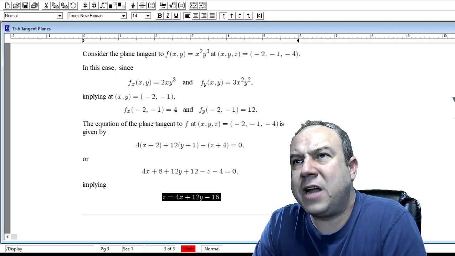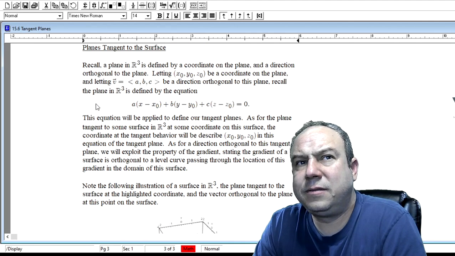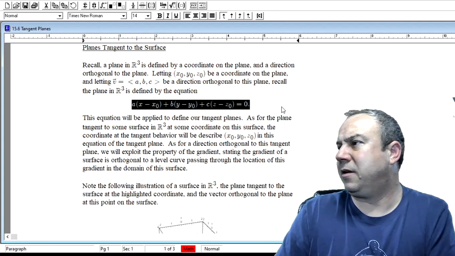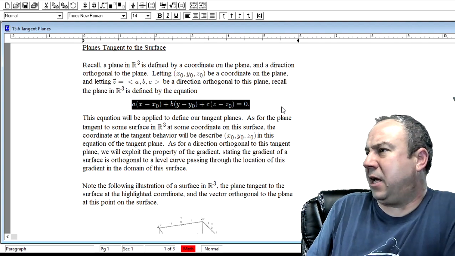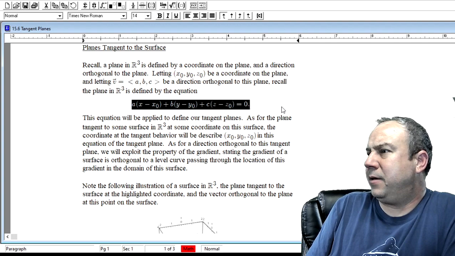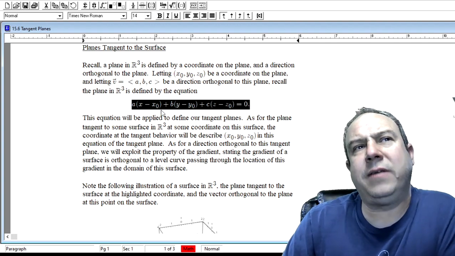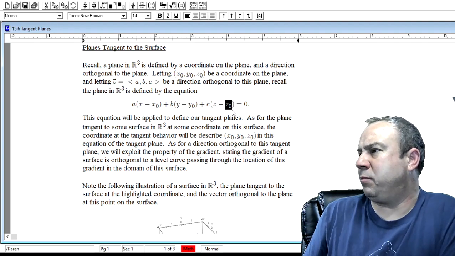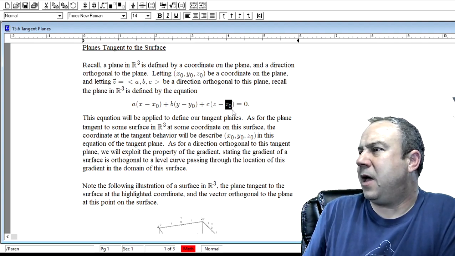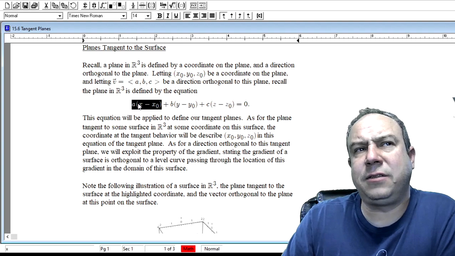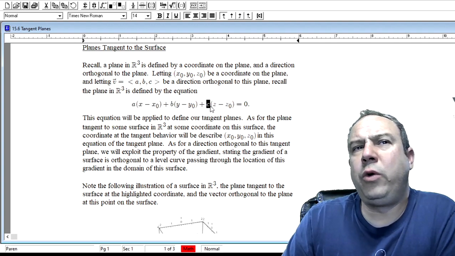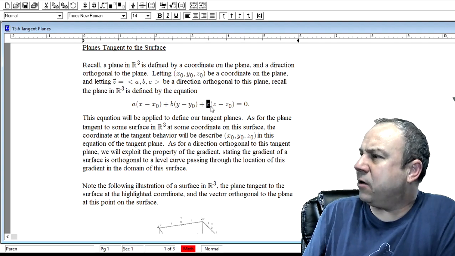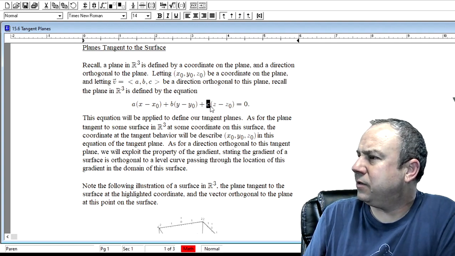We are using our knowledge of planes, right, to define these equations of the tangent planes. We are using that point of tangent behavior as the point on our tangent plane. And to find the direction orthogonal to the tangent plane, we are treating our surfaces as level curves for higher dimensional functions.